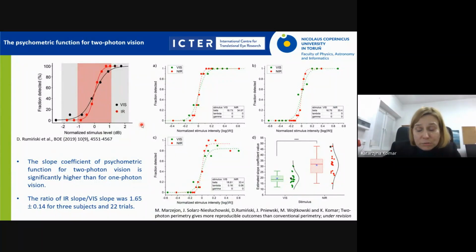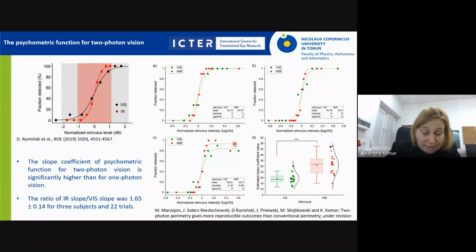We tried to show it, and we performed several experiments. Here you have the results of 2 of them. One is published, and this is results for 1 person only, and here are results for 3 different persons who performed many trials of these psychometric function measurements.